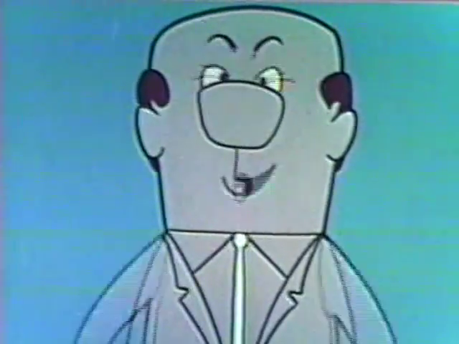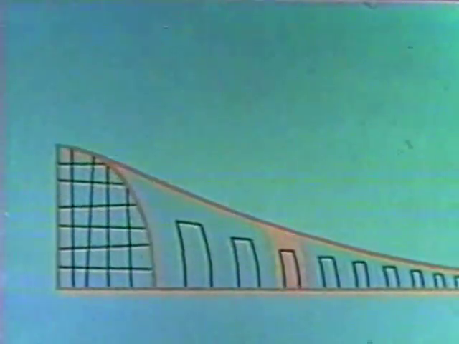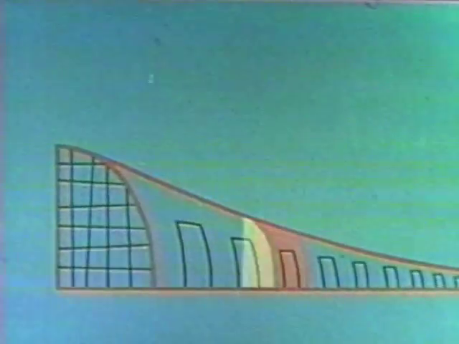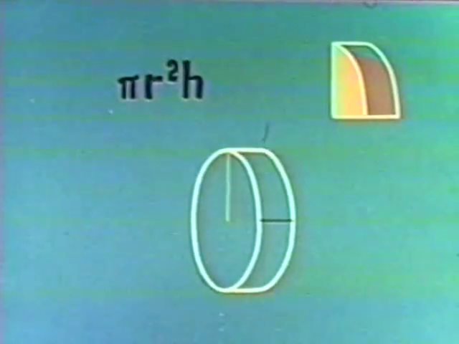Oh, I suppose I'll just have to show you how I figured it out. We'll start by looking at a single apartment. What is its volume? With a quarter of a cylinder, we can get pretty close to it. I suspect that even a dope like you knows that the volume of a cylinder is pi times the square of the radius times the height.